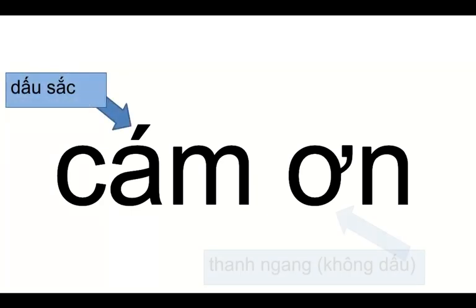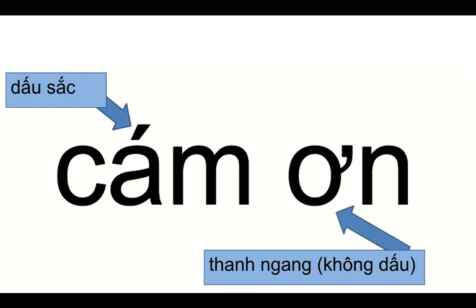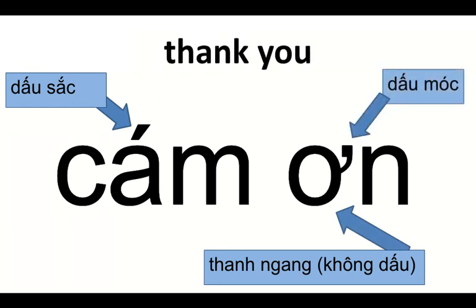Cảm ơn. Cảm ơn is two words. Together, they mean thank you. Cảm has dấu sắc. Ơn is thanh ngang không dấu, but ơn has dấu móc, and it means thank you. So some words in Vietnamese have two words in them.